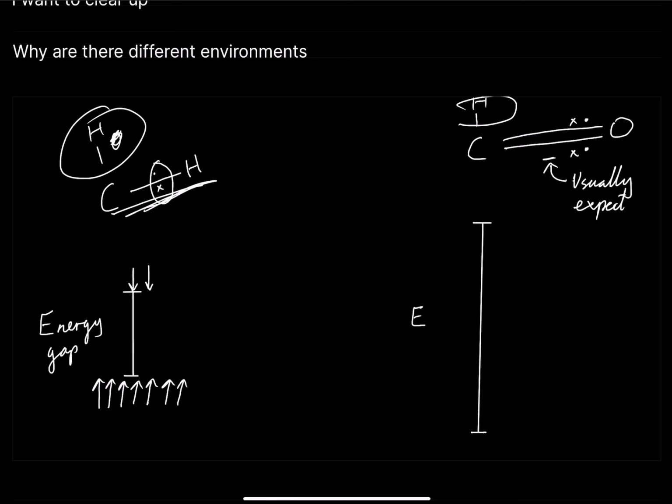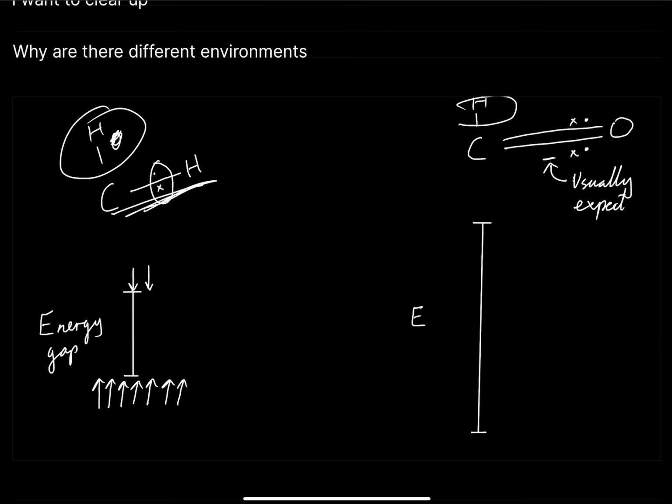The nuclei's ability to cause shielding affects the overall spin. So the more shielding you have, the easier it is to change the overall spin. I assume it has something to do with the fact that the electrons are negative, so they repel it.